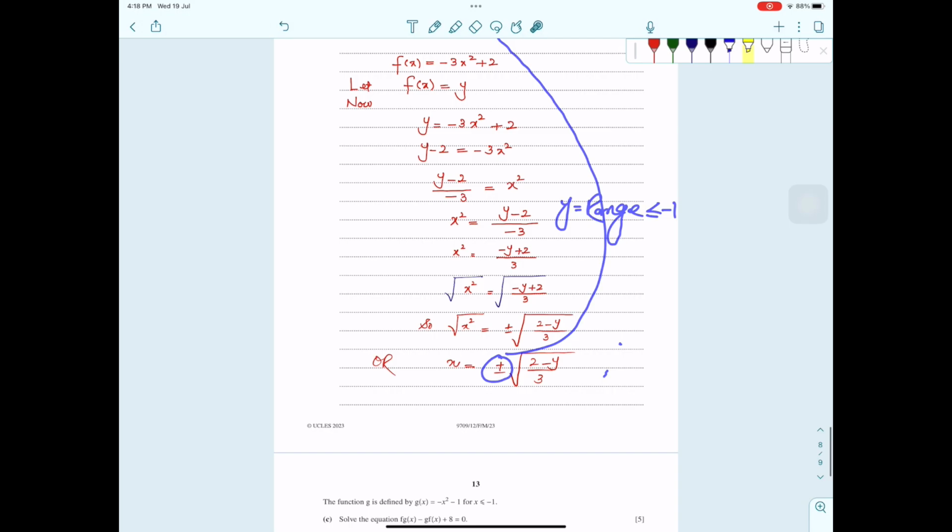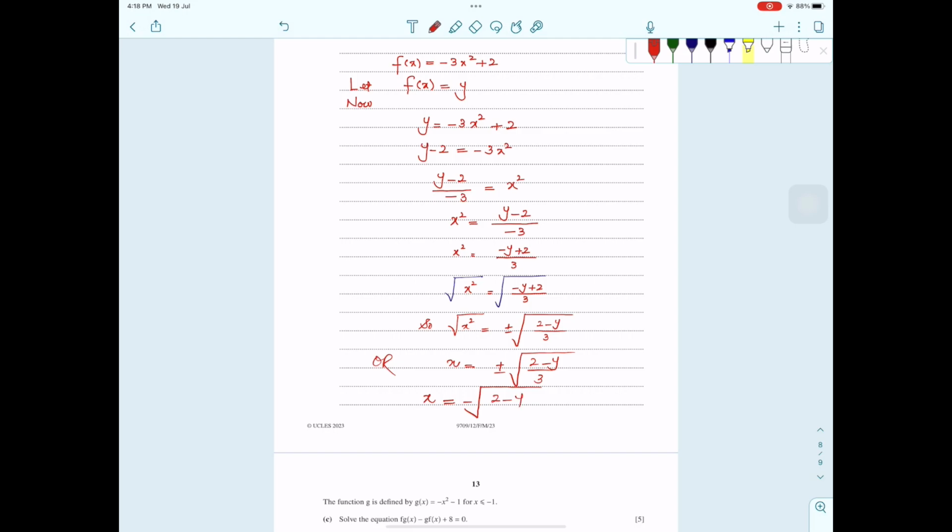And over here you will also write a negative sign outside this radical sign. So it is going to be x is equal to minus square root 2 minus y over 3. The last step is you can replace x by f inverse of x, and similarly you can replace y by x, and that is your inverse of a function.